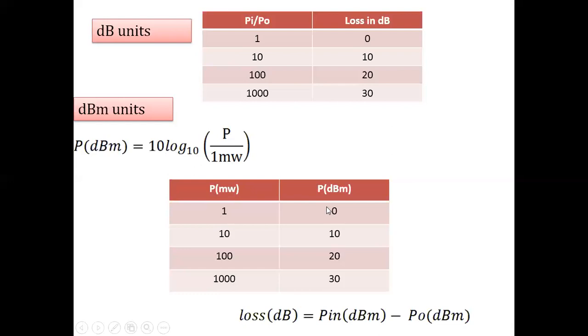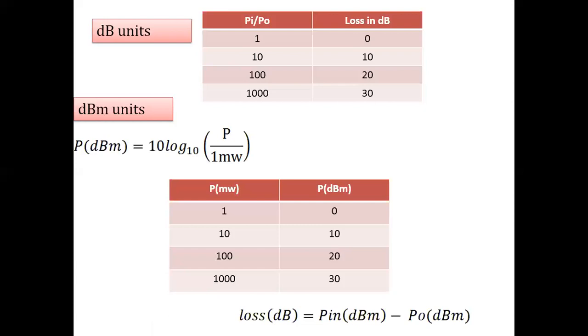So for the power of 1 milliwatt, we get a value of 0 dBm. For 10 milliwatt, we get 10 dBm, and 100 milliwatt power is represented as 20 dBm, and 1000 milliwatt is represented as 30 dBm.